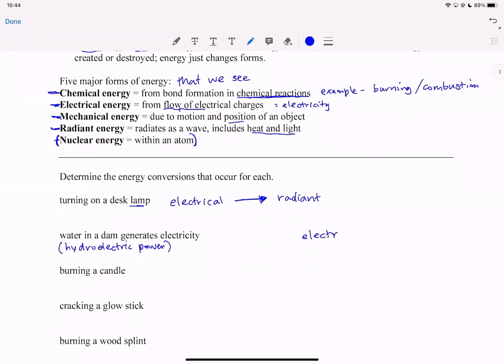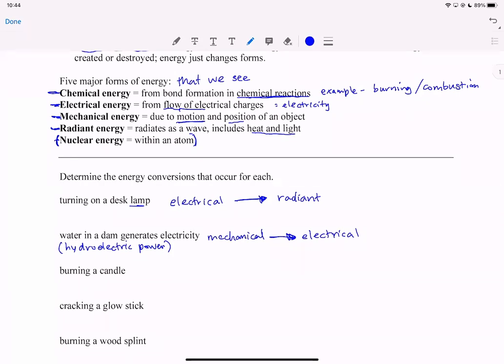We can definitely list what you get, the product: electrical energy. But where did the electrical energy come from? It came from the movement of the water through the generators that are set up in the dam. And so movement of water means that it came from mechanical energy. Mechanical energy is anytime you're talking about motion.